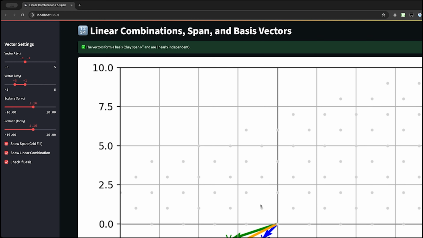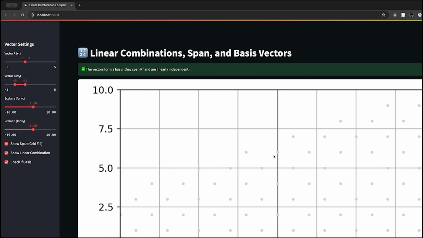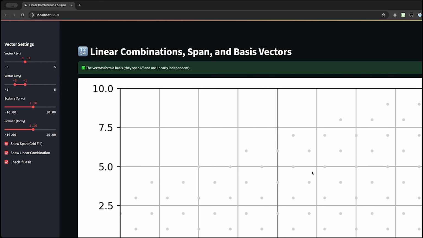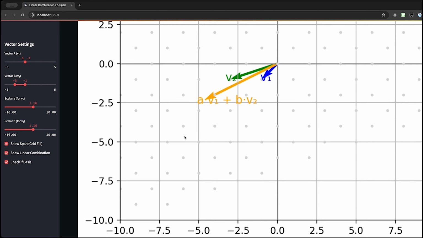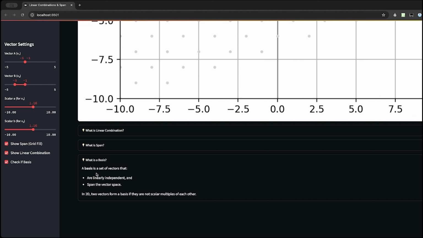Now you can see here, this also tells whether the two vectors v1 and v2 are linearly independent or not. What is written here is that the vectors form a basis, they span R2 and are linearly independent. You may be wondering what this new term basis is. I have written here that a basis is a set of vectors that are linearly independent and span the vector space.